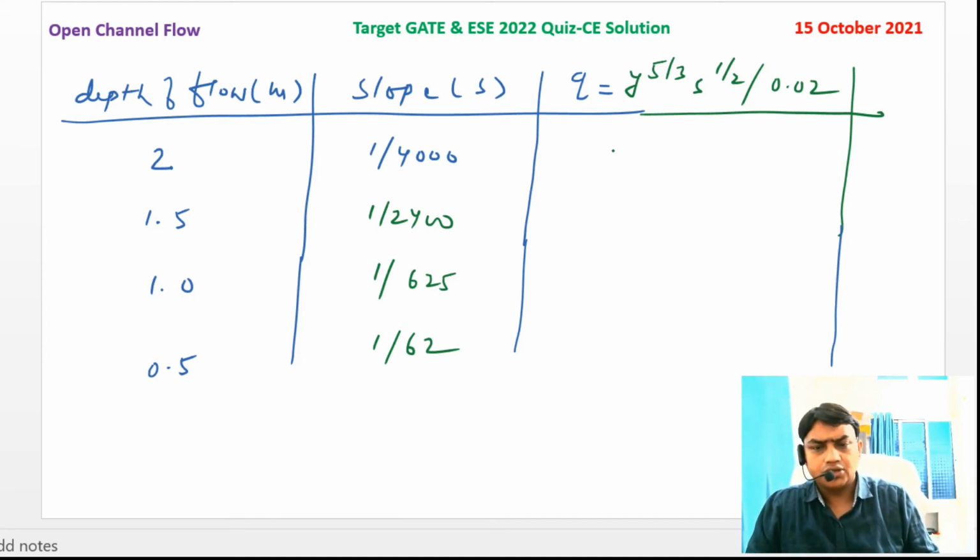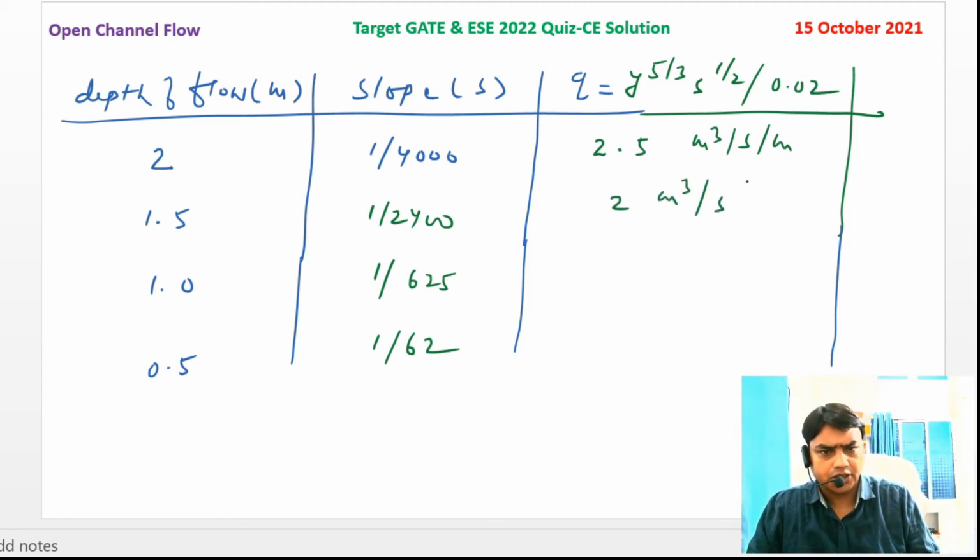So q is coming 2.5 meter cube per second per meter. Similarly for 1.5 meters and slope 1 by 2400, it is coming 2 meter cube per second per meter.